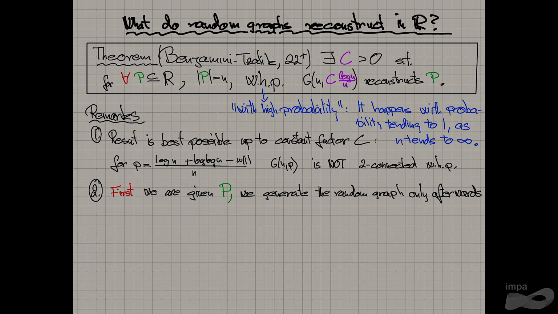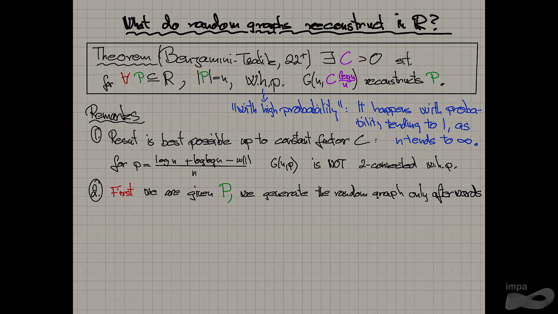This will not be two-connected with high probability. And if you put a plus slowly growing function here, then with high probability it is two-connected. So it's very precisely known that this is the threshold for two-connectivity. But it's up to a constant factor best possible.